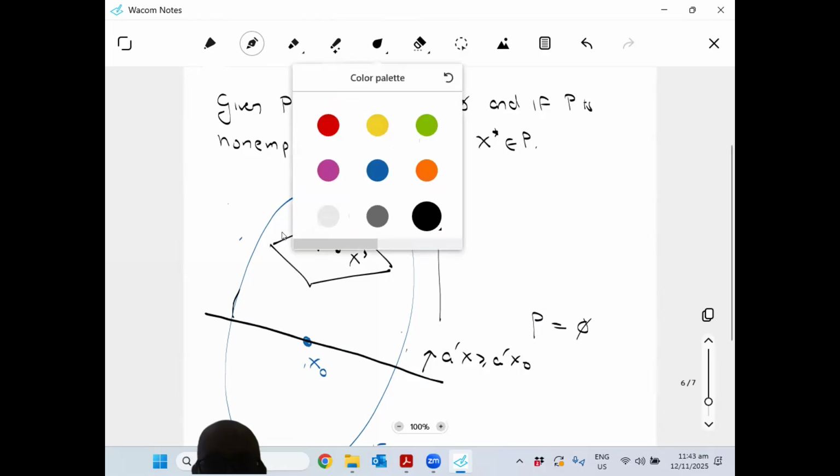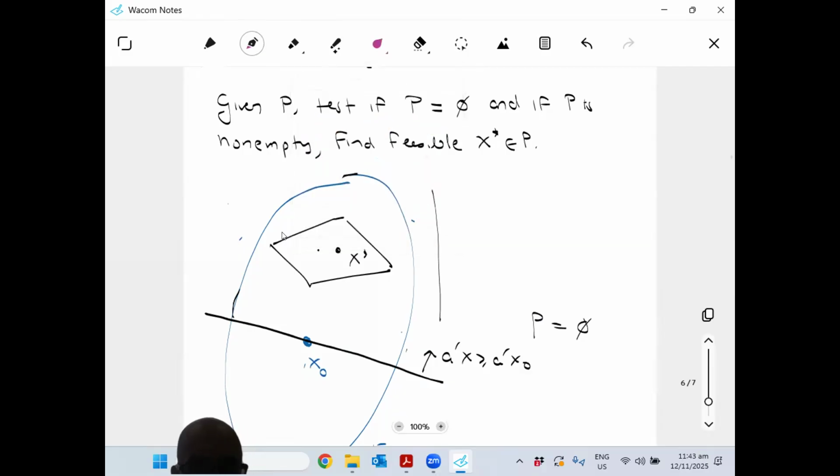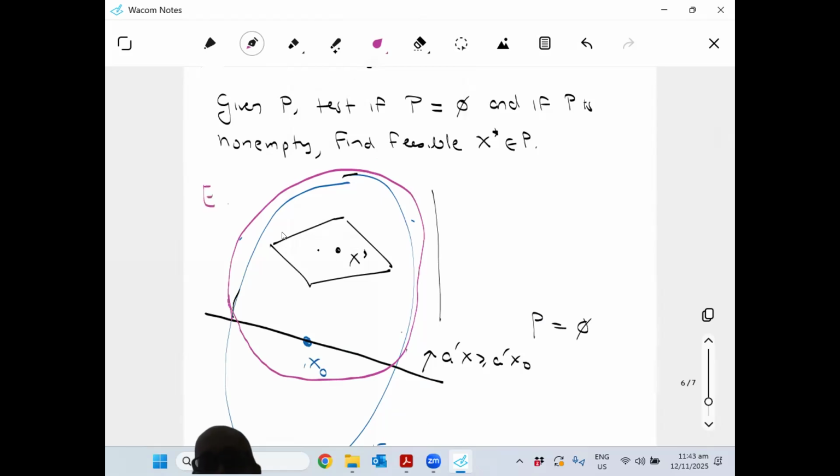My drawing skills are going to be tested here, but let me try to do it as best as I can. Here is an ellipsoid. My drawing will not be great, but let's try. Something like this. This will be E(k+1). I've not drawn it perfectly like an ellipsoid, it should look like an ellipse.